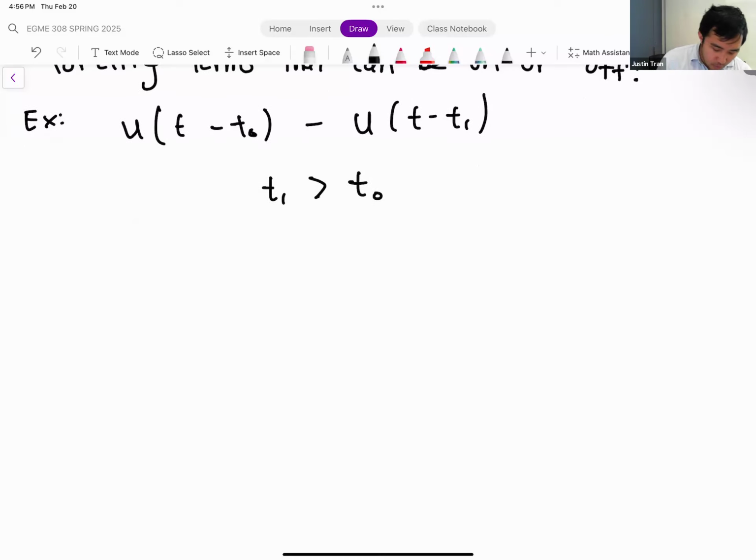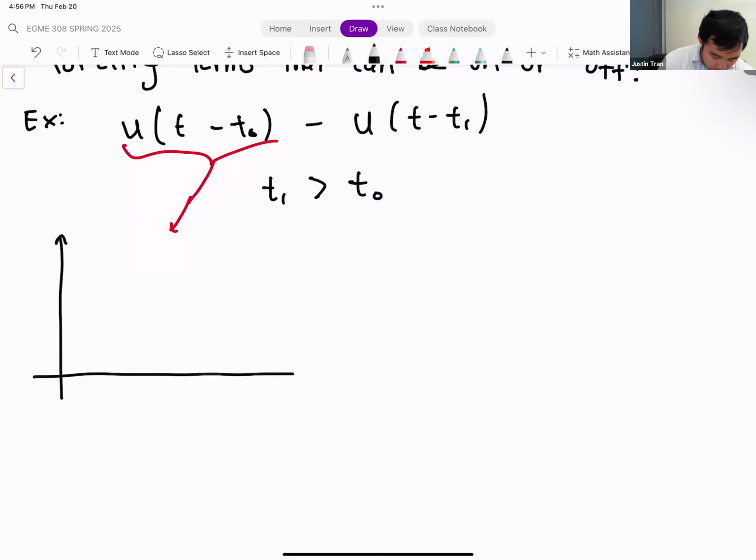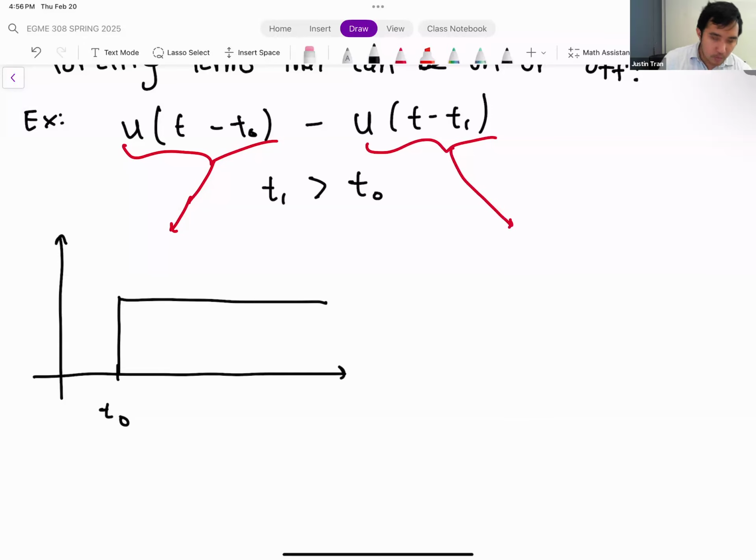All right, so let's see what this looks like. First, let's look at u of t minus t naught. This is a step function that gets activated at t naught. Let's say t naught is right here. This is a step function that looks like this. Then let's also look at u of t minus t1, where t1 occurs at some time later.